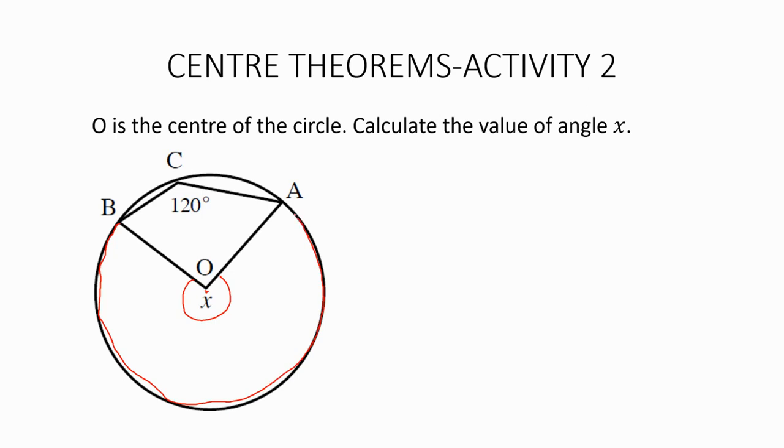So it forms this angle at the center. This angle x at the center, and then it forms this angle at the circumference. So what will be this angle x? It is formed at the center, and then 120 is formed at the circumference by the same arc.